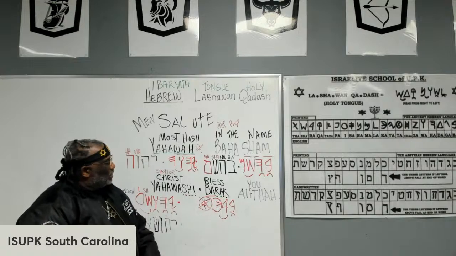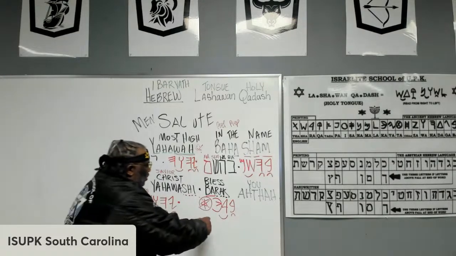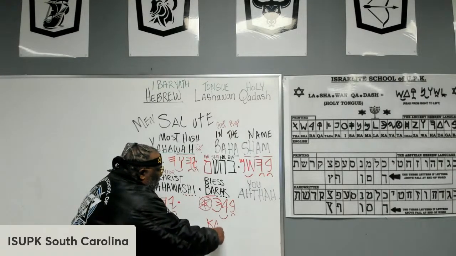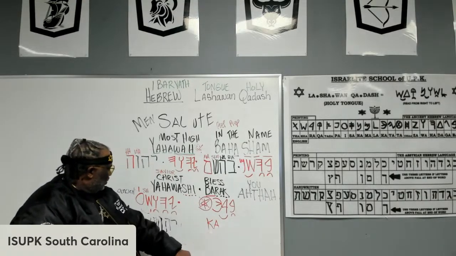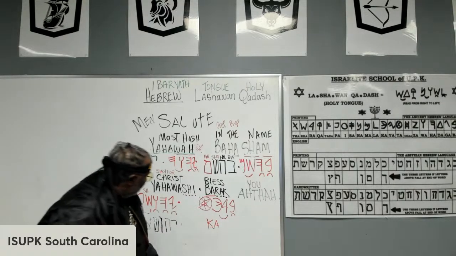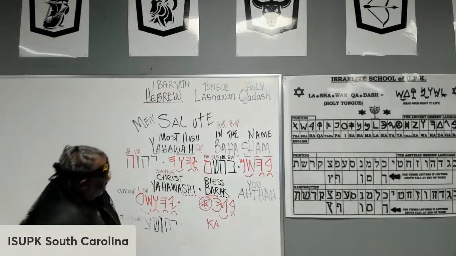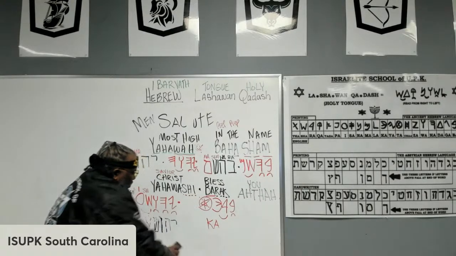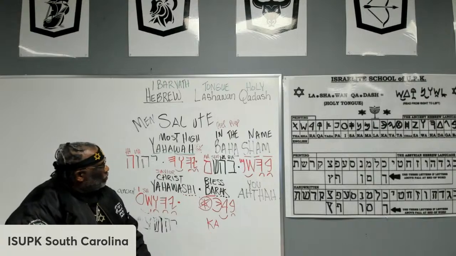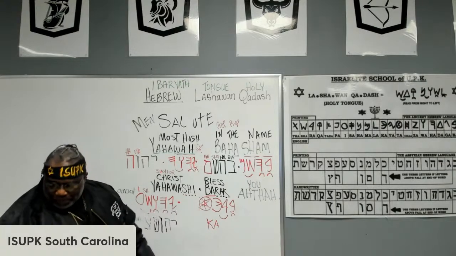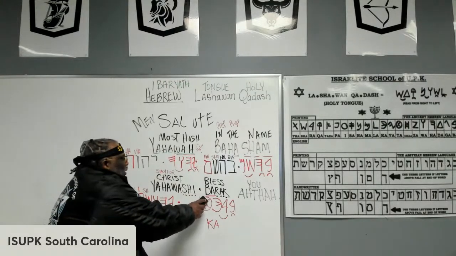Although ka by itself looks like this. It looks like ka. But what happened to the ah? What happened to that sound? Well, it doesn't need it. So if it doesn't need it, then get it out of there.